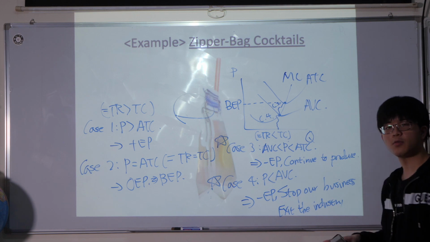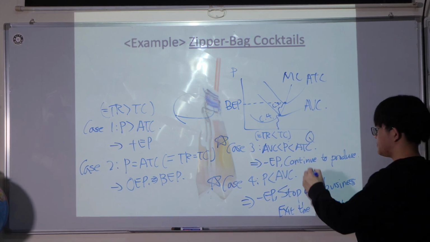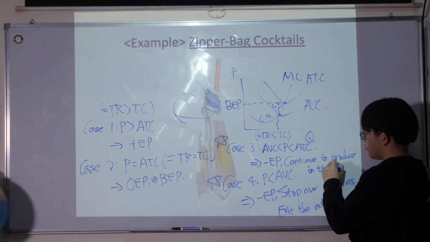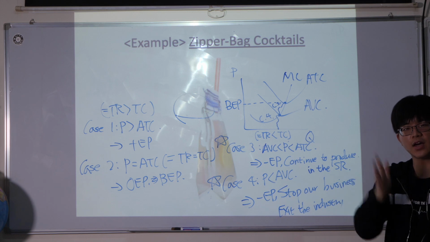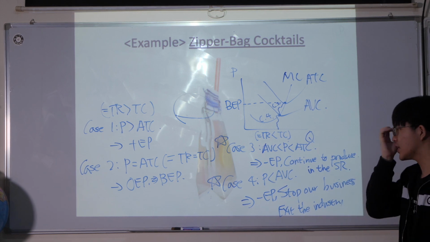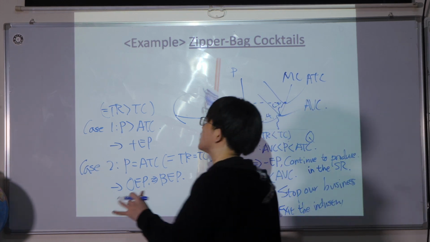So for case 3, we will continue to produce in the short run, and the reason is that in the short run we can't stop our business. We can't exit. That's another thing that we didn't cover before.